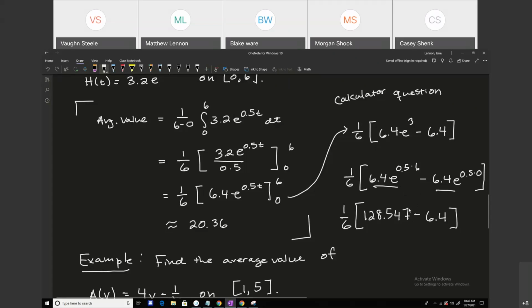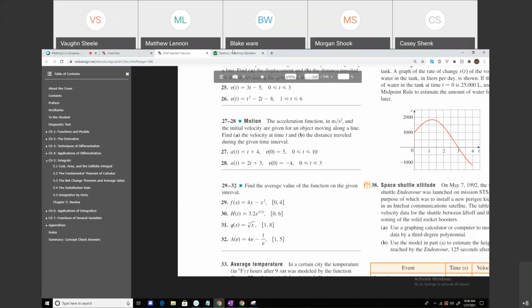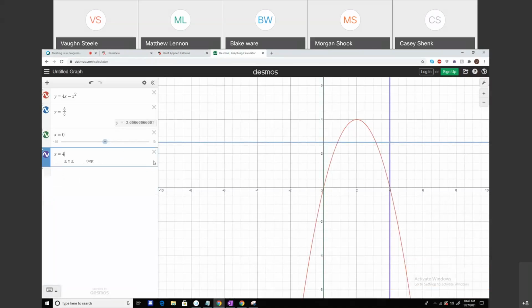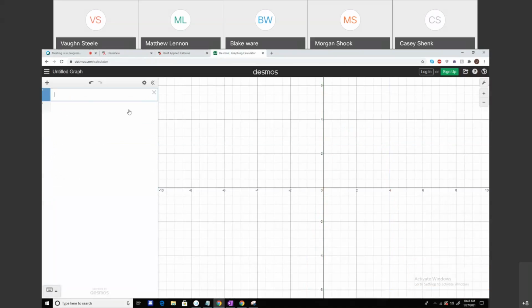Again, we can always confirm that we're right by going back into our Desmos and setting up the integral. So the integral from, sorry, I'll write down which one this was. Actually, we want the 1/6 in front, right?